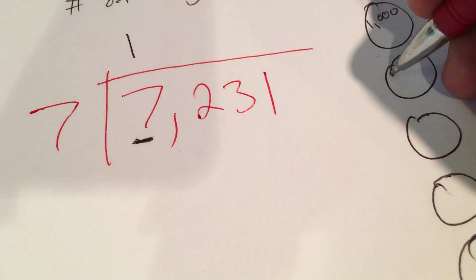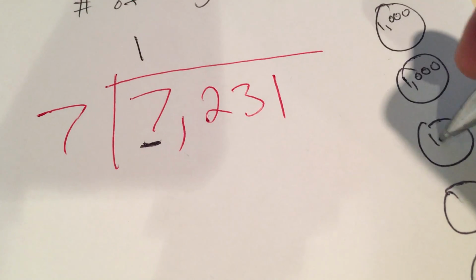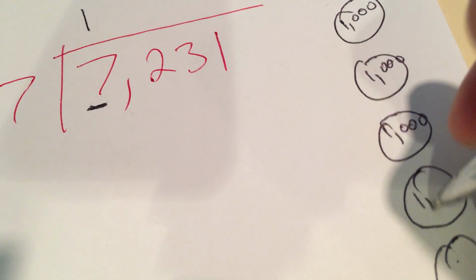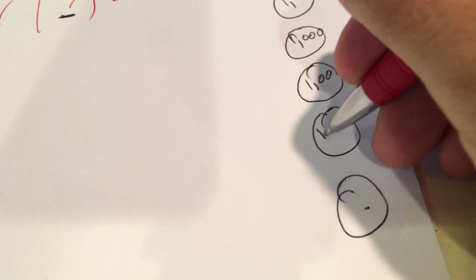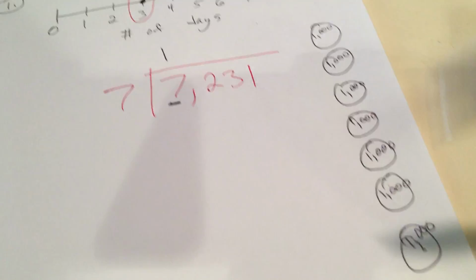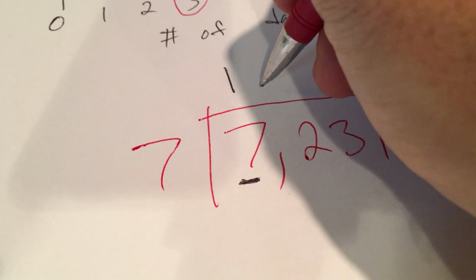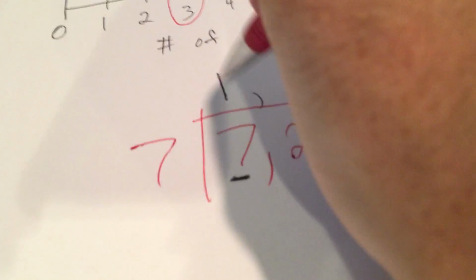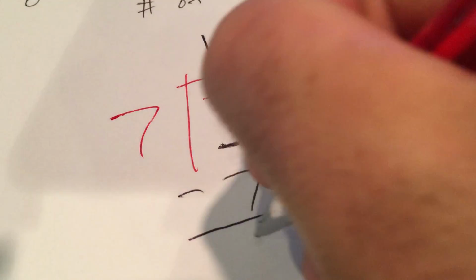We have 7,000s and we have 7 groups, so we can put 1,000 into each of these groups. Okay, so 7,000 has been used so far. We put a 1 in the thousands place up here, because 1,000 went into each group. 1 times 7 is 7. Subtract. We have 0 thousands left because we used all 7.